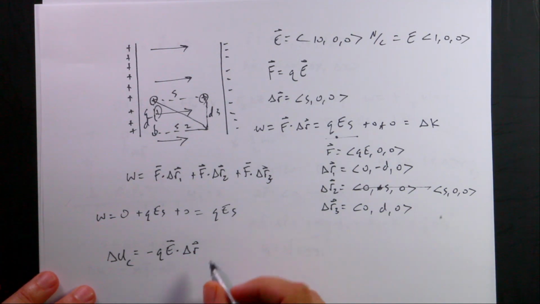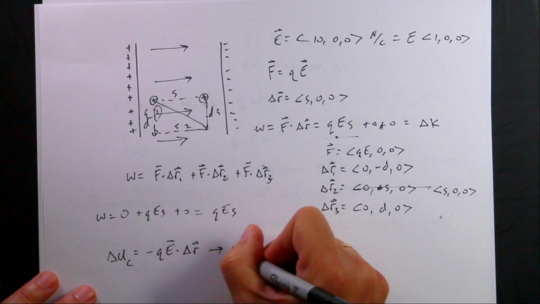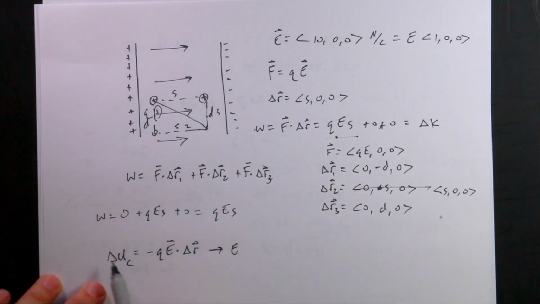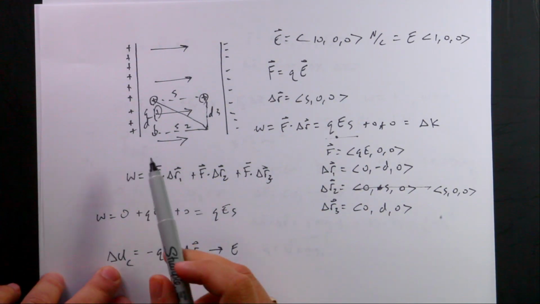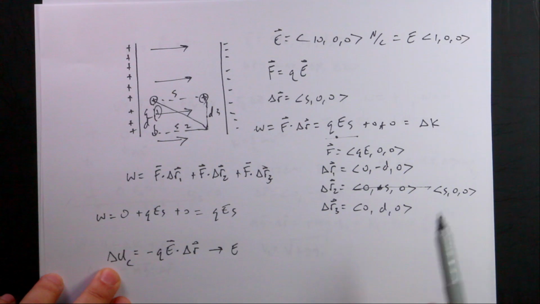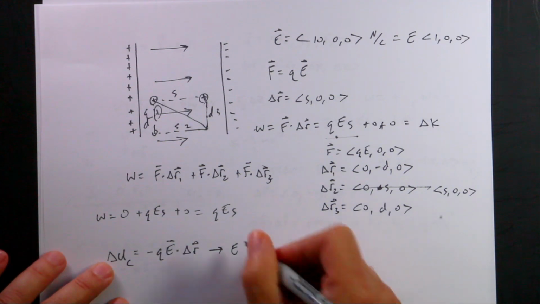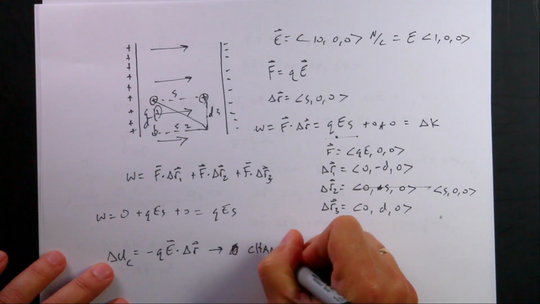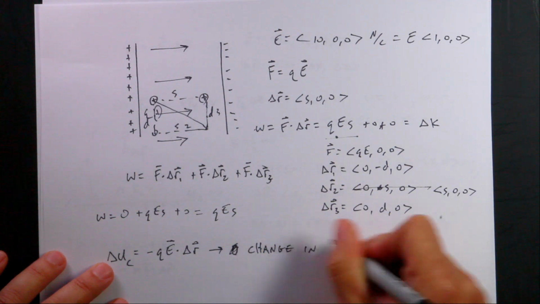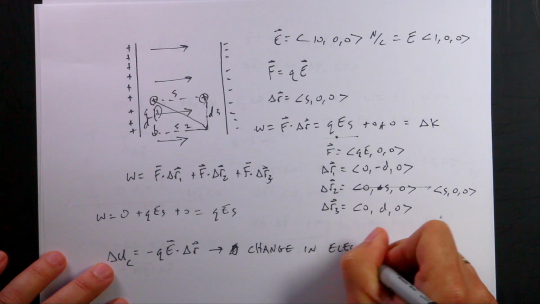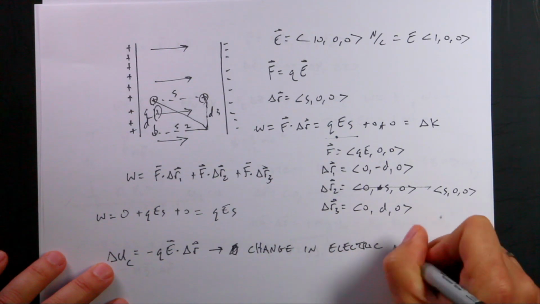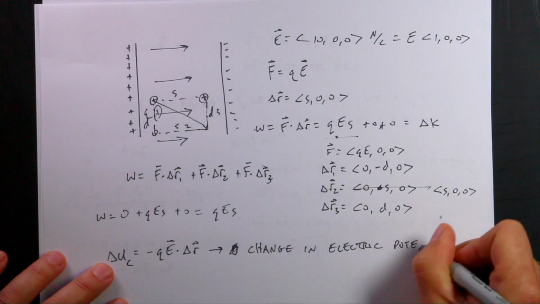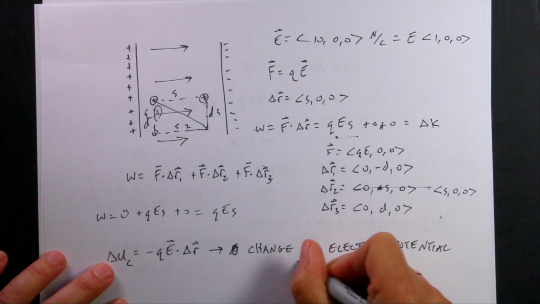Okay, that is the electric potential energy. Technically a change. It's always going to be a change because work is over a displacement. So we're really talking about the change in electric potential energy. So I should put that. Change in electric potential energy.